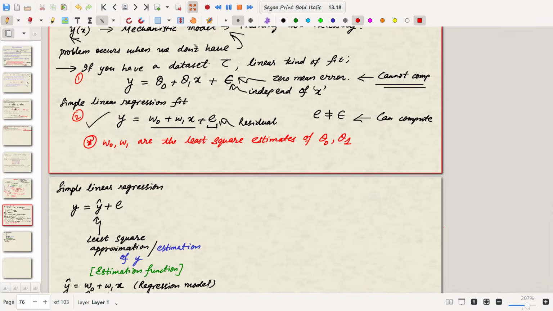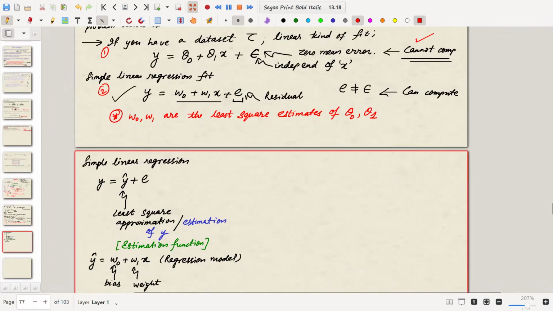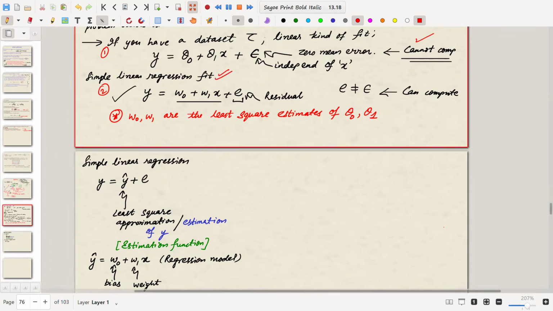W0 and W1 are the least square estimates of theta naught and theta 1.